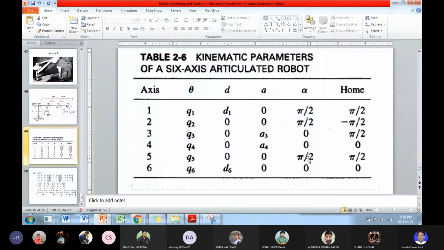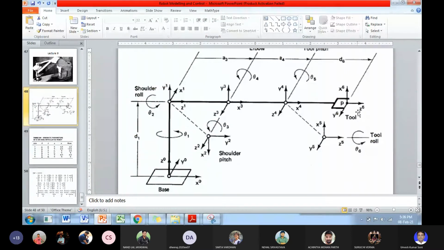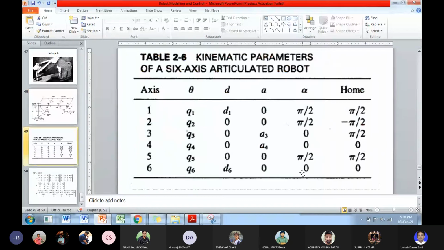We will keep 90 degree. So for theta3, theta4 is 0. There is no rotation relative to the Z2 axis. And here you see at the last Z5 and Z6 are in the same direction. So this is 0. So have you understood this?